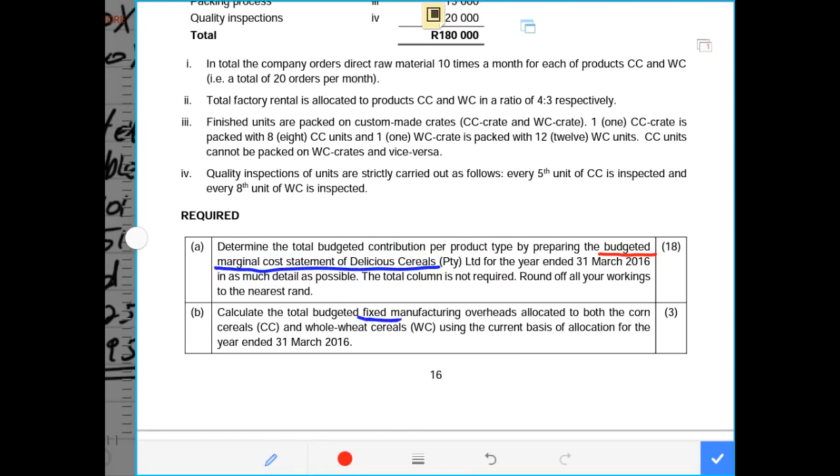And that budgeted marginal income statement is based on the marginal statement only using the variable costs. So now I've already done the calculations. Let me then proceed on that same note, and I do the calculations.